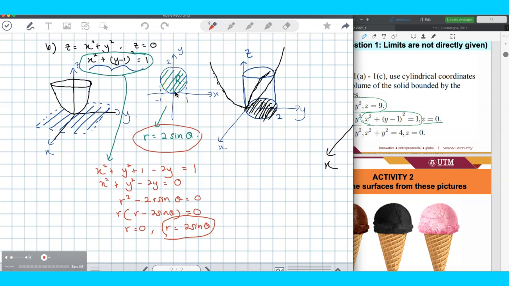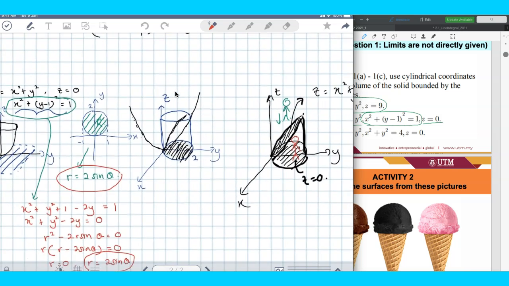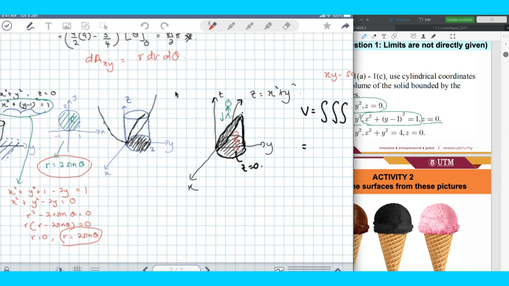Okay. So now in terms of dA in xy, we have to have r dr d theta, because the region is part of the circle or polar function. So now we have to solve in cylindrical coordinates.